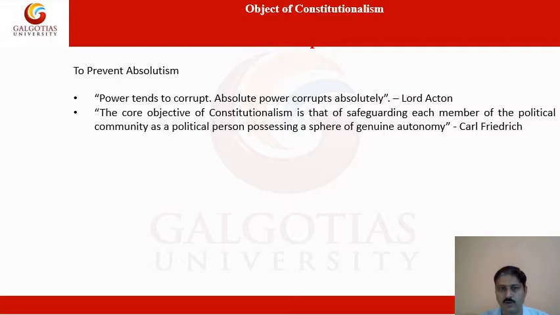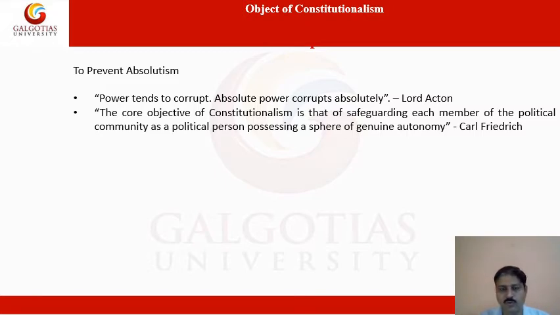So, constitutionalism ensures that absolute power is not vested in any branch of the government. It seeks to ensure this by various doctrines and principles such as separation of powers and federalism.